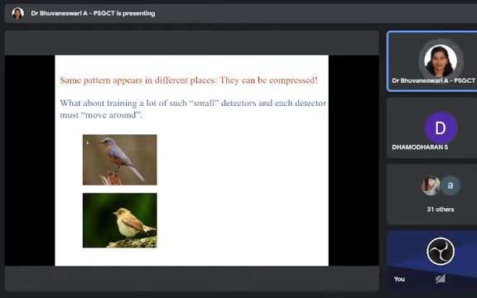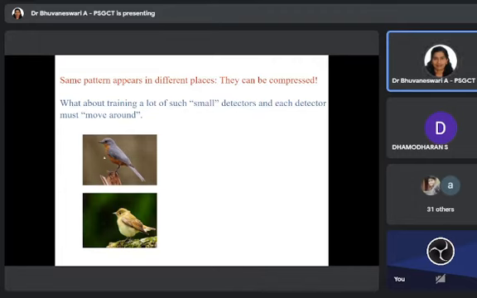You cannot exactly say that the beak is located at the top, closer to the top left corner. You cannot say that because for the first image, the beak appears on the top left. However, for the second image, the beak appears almost in the center of the image, right?